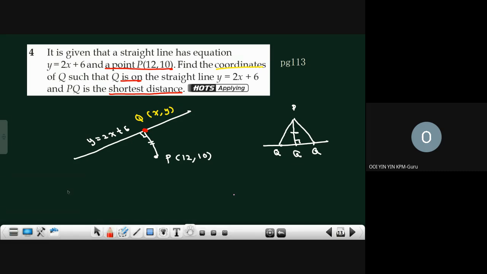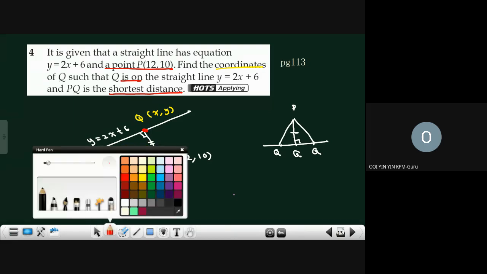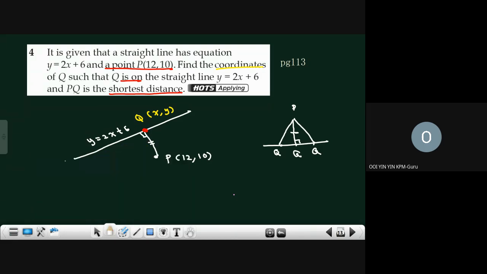can you see that these two lines, this is your first line, right? Equation y equals 2x plus 6. And then one more, PQ here also will form a line, right?